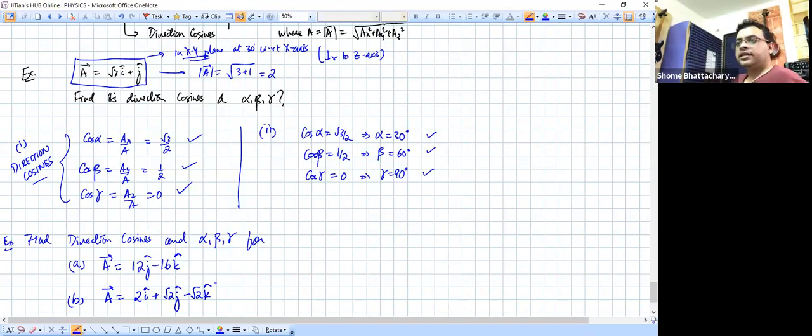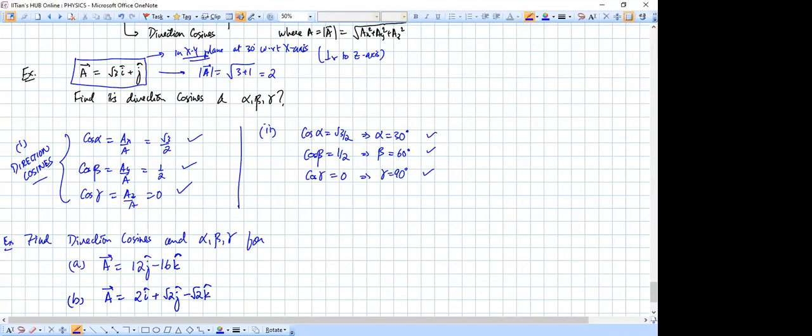The first one is an easy example because it's a two-dimensional vector, though not in the xy plane, it is in the yz plane. And the third one is the general example, which has all three components.